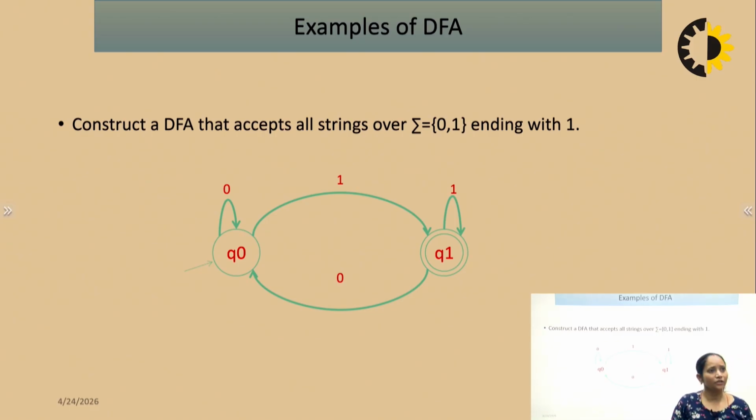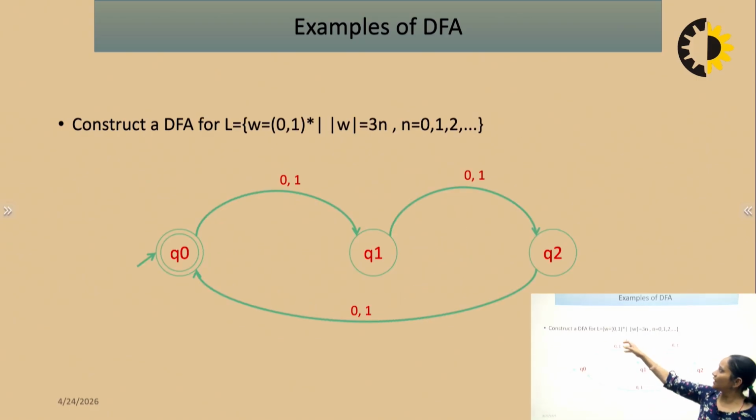But here the question is about length, so the input symbols are 0 and 1, and the length of the string must be a multiple of 3 starting with 0.